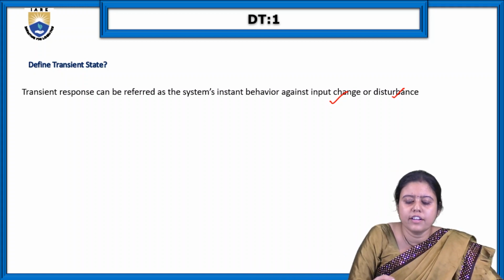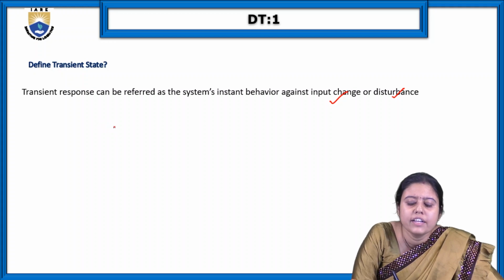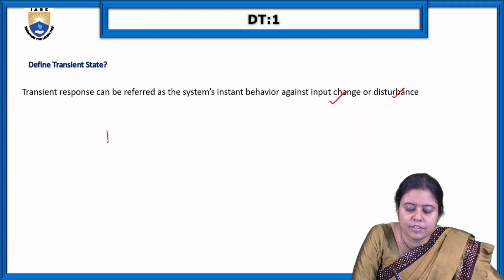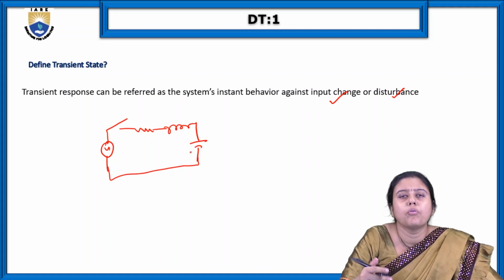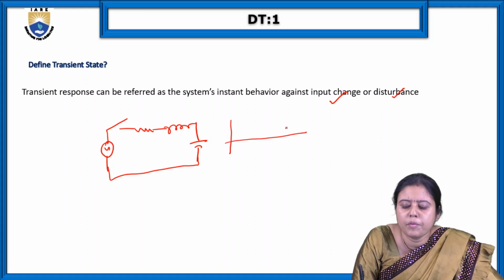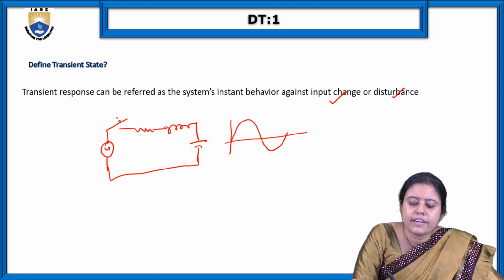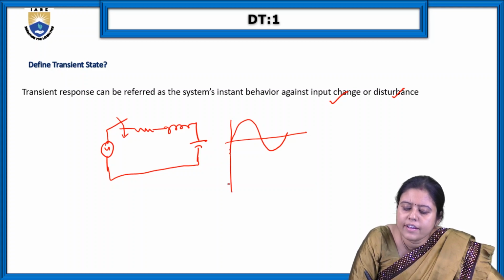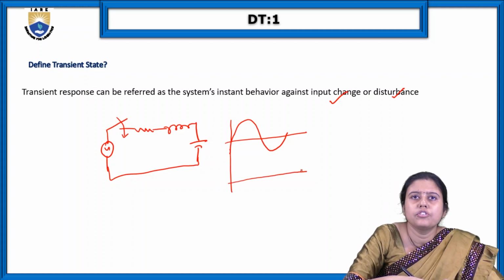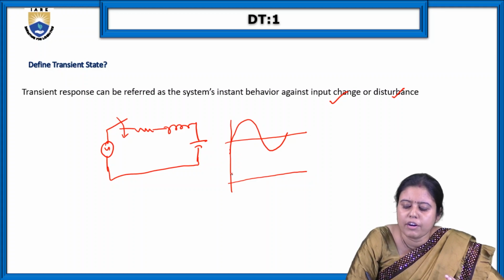So, what is the transient condition in the electrical view? Say we have a circuit like this and we have one switch. This is our R, this is our L, and this is our capacitance C. If we are giving a pure sinusoidal input from here, now suddenly the switch is closed. Now if we suddenly switch on or close the switch, what will happen?